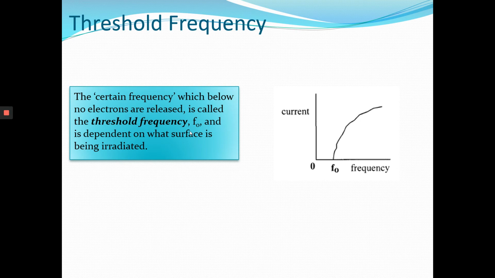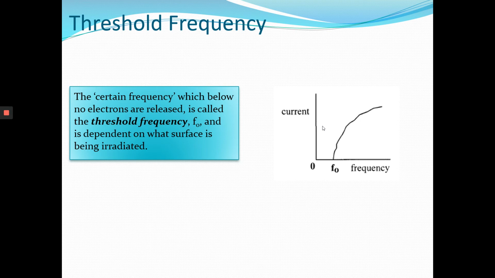Easy peasy. And this is what we would expect to see as a wee graph. It doesn't matter how bright this light is, that's being shown here. If it doesn't have at least the threshold frequency, then no electrons are being released. Now it says current here, because remember, current is just a flow of electrons, isn't it?